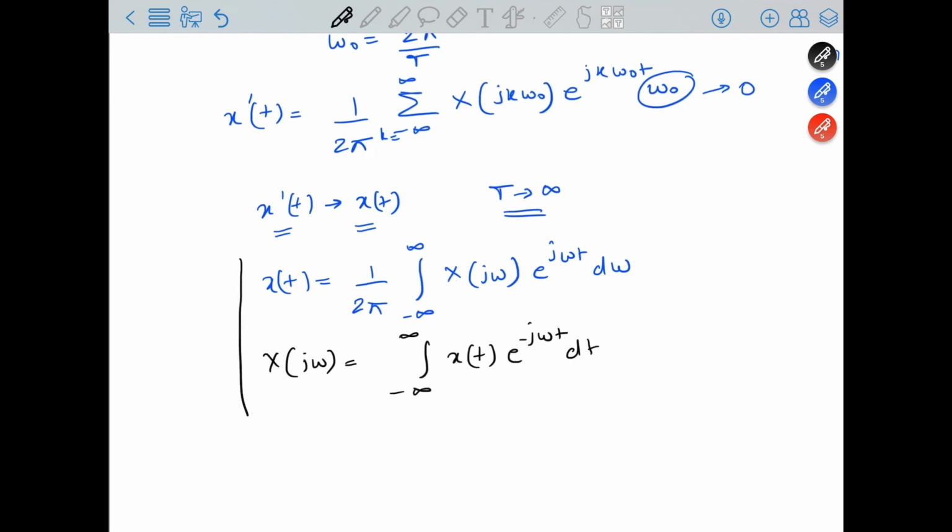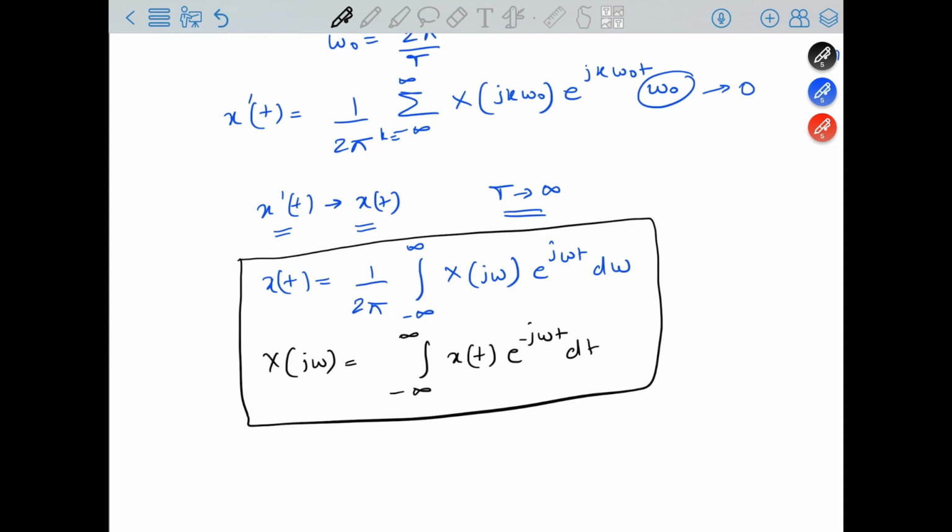So, these are two very important formulas, and we saw how we derived them from our Fourier series expression, approximating a periodic signal as an aperiodic signal for a period of infinity, and subsequently we got these two representations.